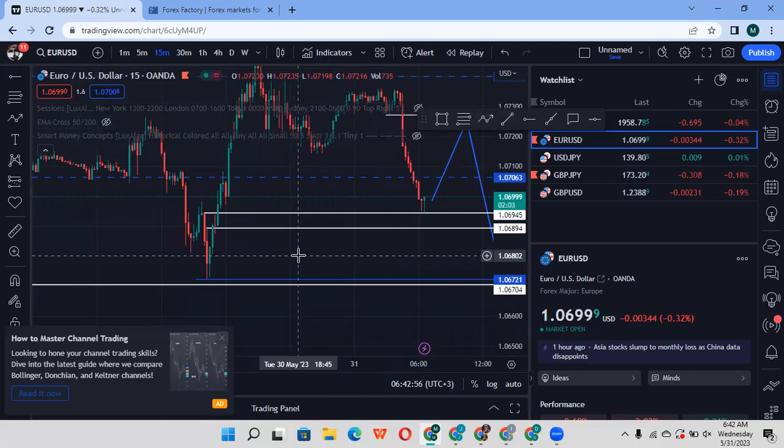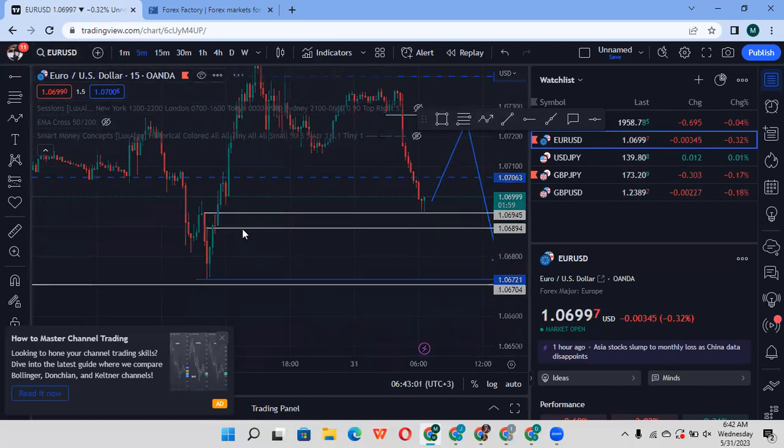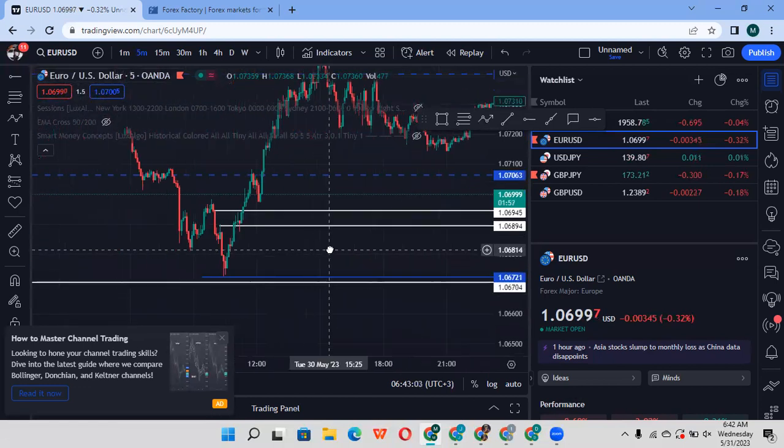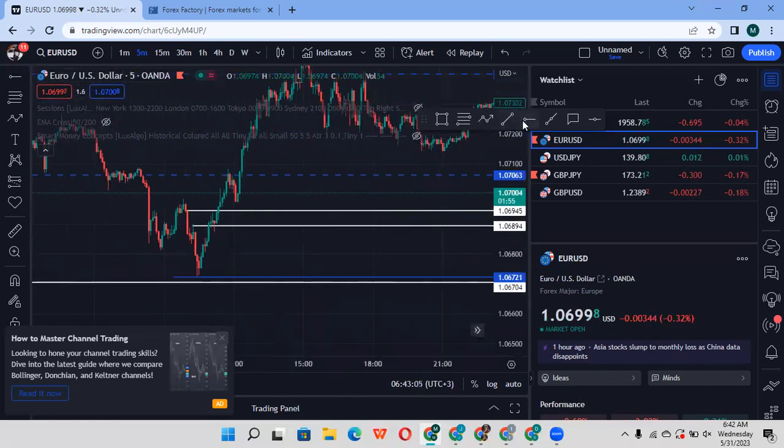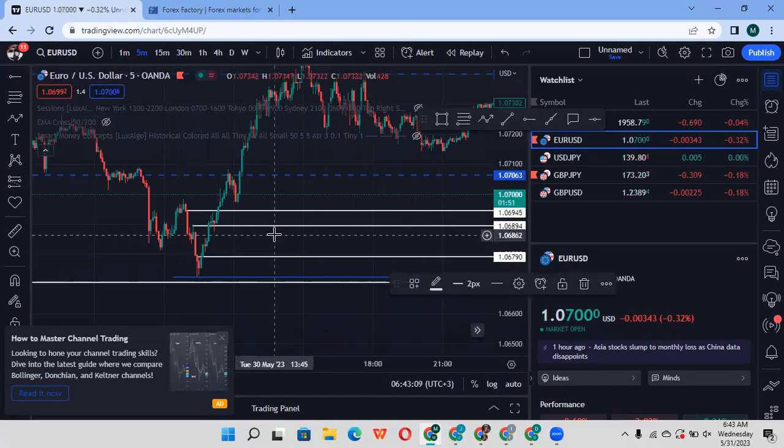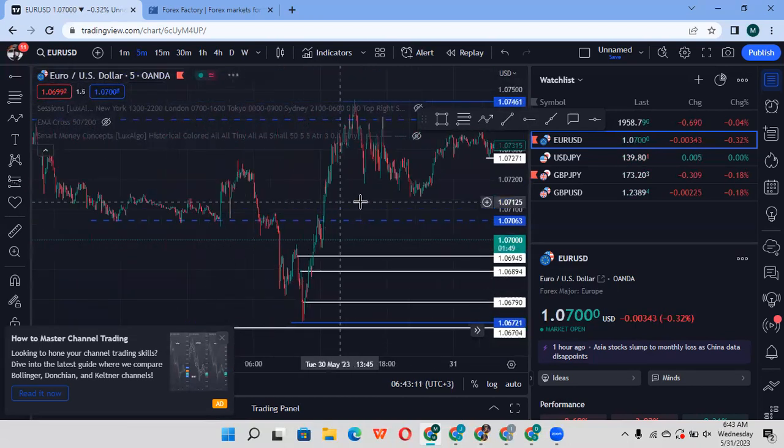And then on the 5, the M5 here is where the demand zone is.